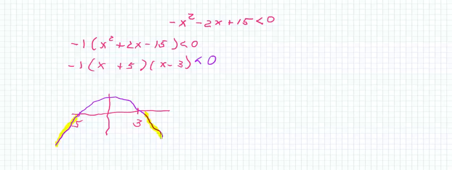Here, the y-coordinates are less than 0. Less than 0 means you're below the x-axis. So my answer, negative infinity to negative 5, and it's a parenthesis because we're not equal, union 3 to infinity. And the order matters. It's small, big, small, big.